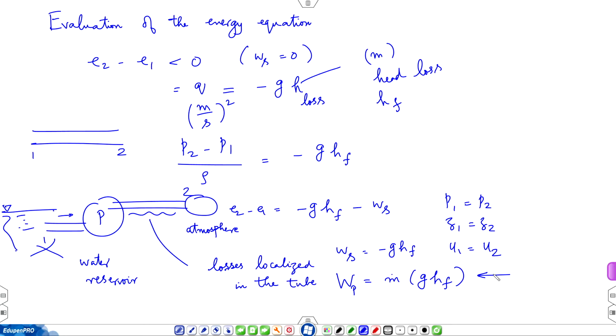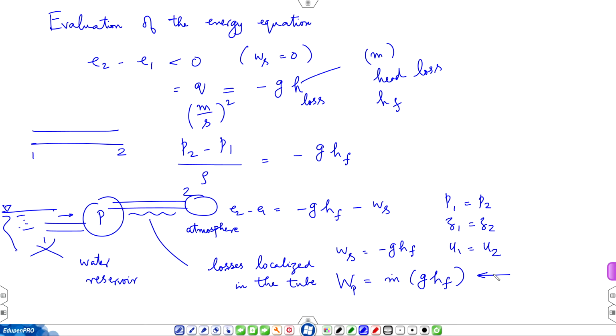When you say W p, you say it is 10 kilowatts or 1 kilowatt or 10 watts. But if it is shaft work, you have to put a sign. So, small w s is minus G H f, indicating that the pump will require work to be supplied to the fluid in the control volume, which will overcome losses taking place in the tube.